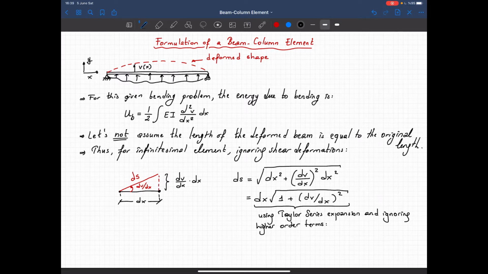I can write that ds is equal to (1 plus 1 over 2 (dv over dx) squared) multiplied by dx. So here we are also making an approximation. I'm ignoring the higher order terms now.